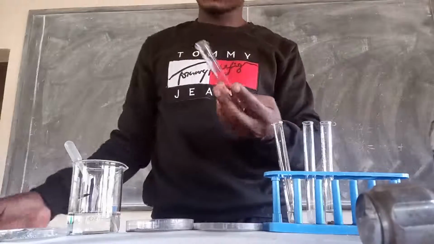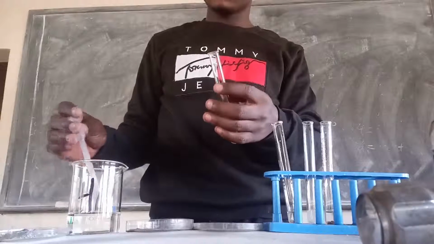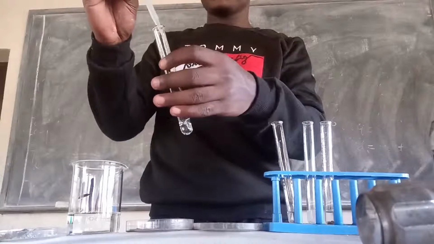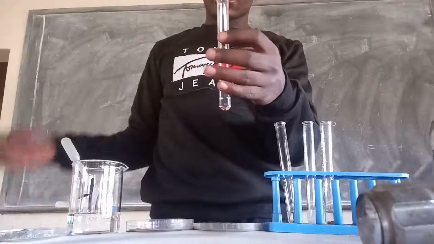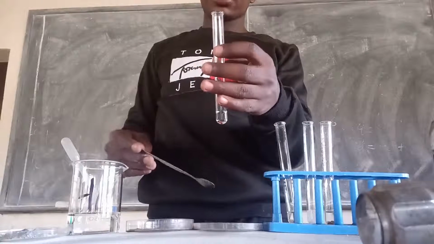And the last test, I'll do the same. I'll place 2 cubic centimeters of hydrochloric acid into the test tube. Then I'll add iron to the test tube.